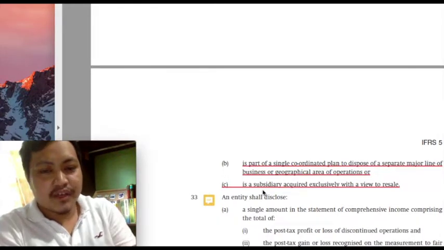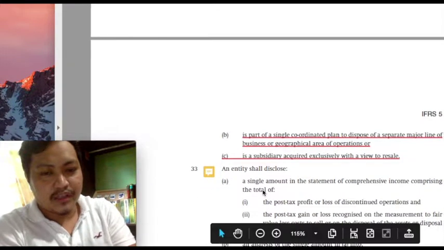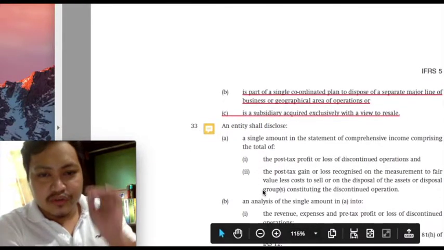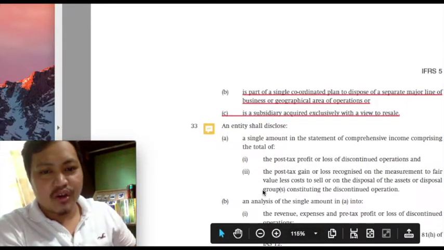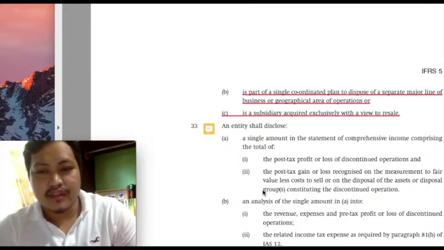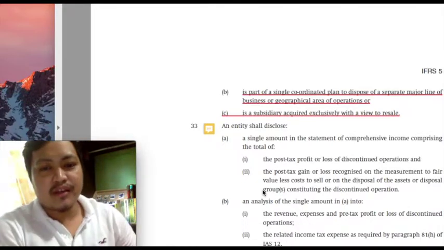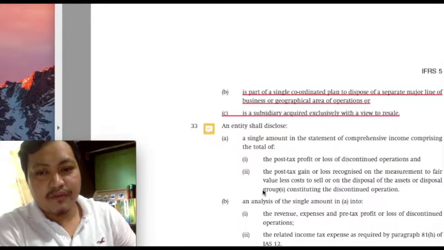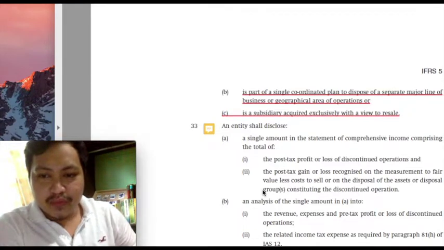Now, paragraph 33 is what is important for our subject, class. For discontinued operations, an entity shall disclose, this one is what is important, a single amount in the statement of comprehensive income, comprising the total of the profit or loss from discontinued operations and the gain or loss from the measurement to fair value less cost to sell.